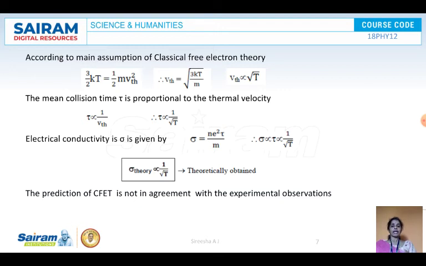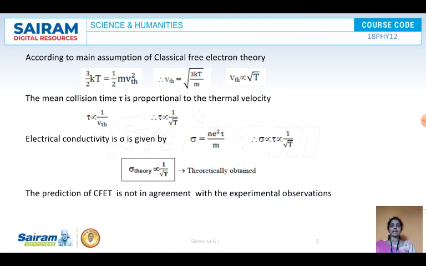According to the main assumption of classical free electron theory, we have seen that the free electron is moving like a gas molecule and obeys the kinetic theory of gas equation: 3 by 2 kT is equal to half m Vth square.